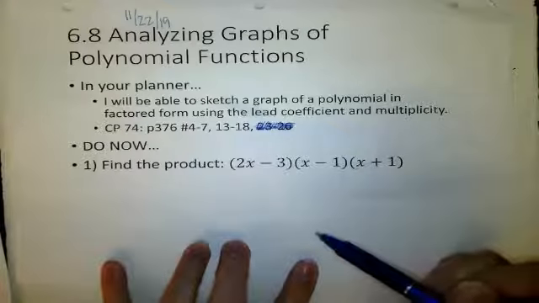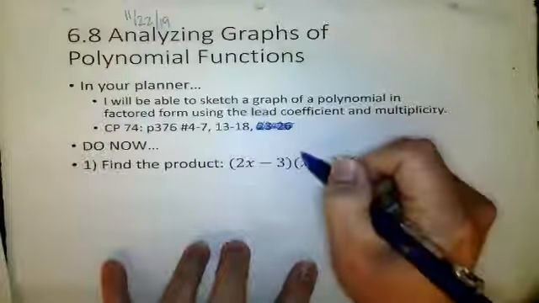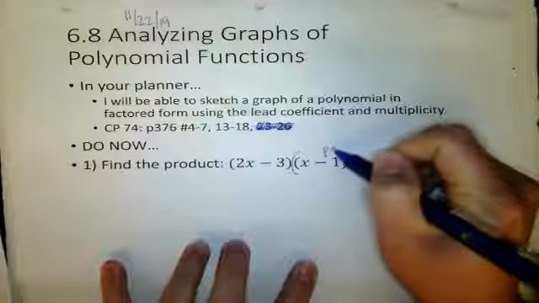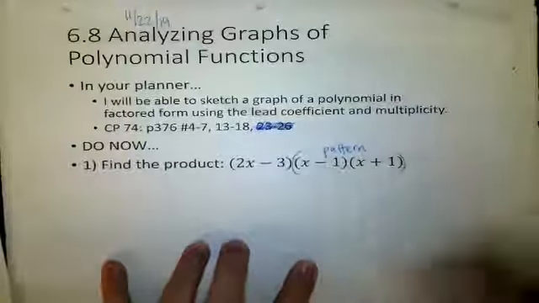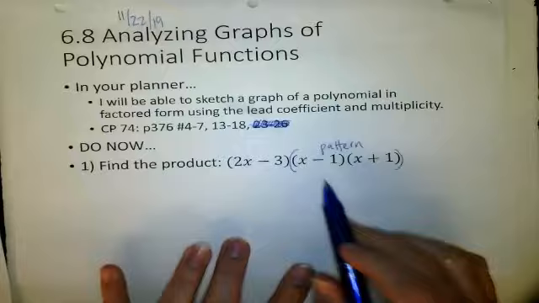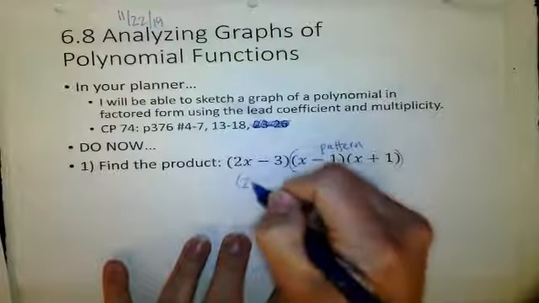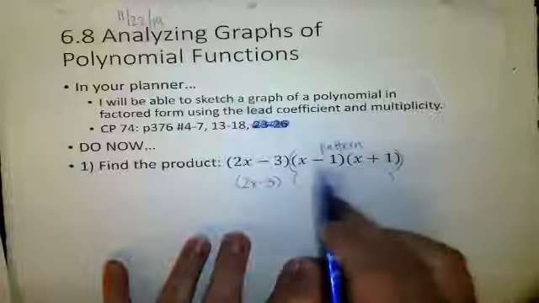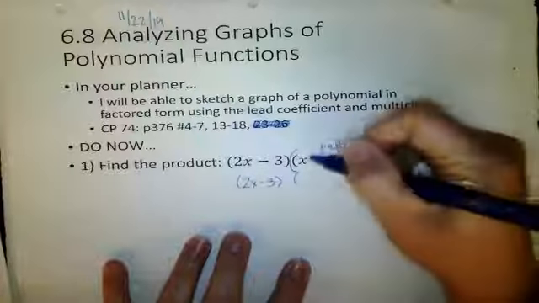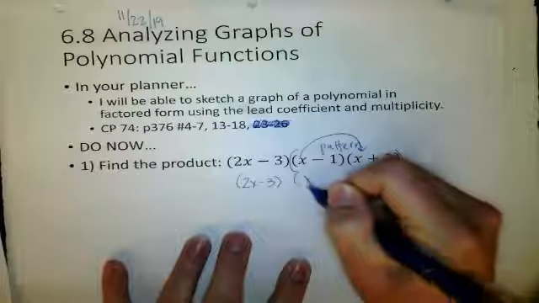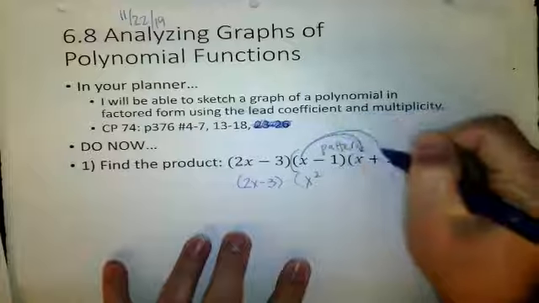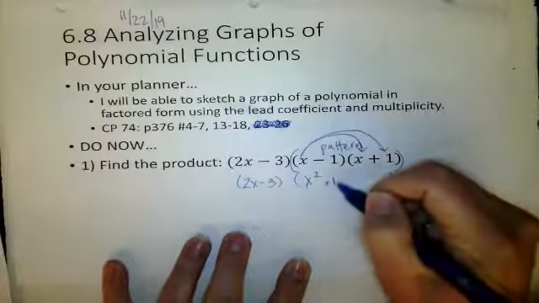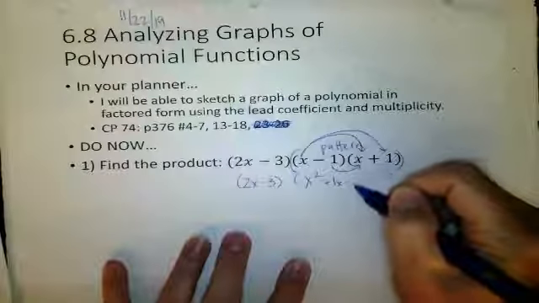The opposites. The plus one and the minus, yeah, the bubbles that have a pattern to them. Absolutely. If you have a pattern, you definitely want to multiply those together first. So this 2x minus 3 is going to hang out, and I want to multiply that sum and difference pattern together. So we would do that. x times x is x squared. We get a positive 1x and a negative 1x.